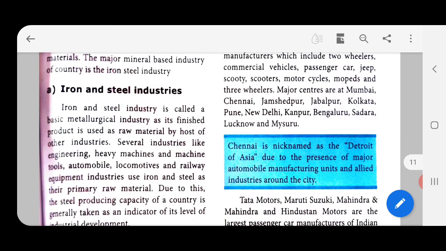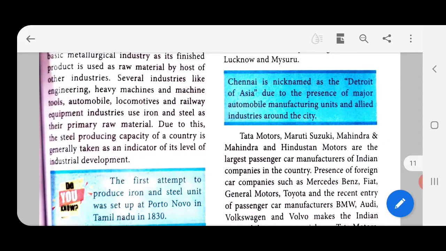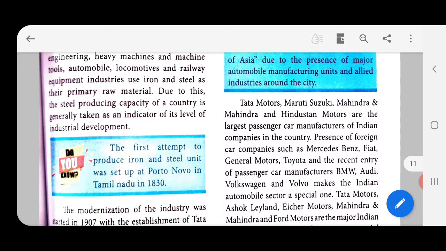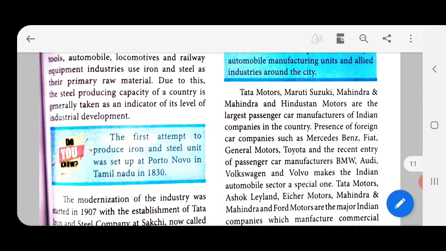Major centers are at Mumbai, Chennai, Jamshedpur, Jabalpur, Kolkata, Pune, New Delhi, Kanpur, Bengaluru, Vadodara, Lucknow and Mysuru. Tata Motors, Maruti Suzuki, Mahindra and Mahindra and Hindustan Motors are the largest passenger car manufacturers of Indian companies in the country. So, we all know these names, right?